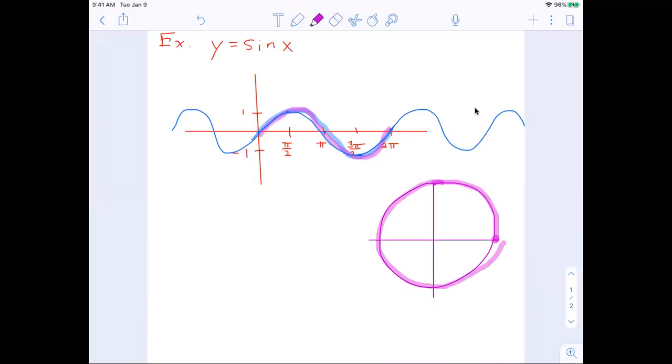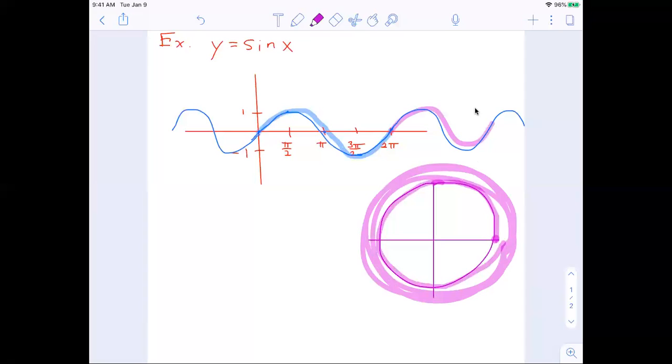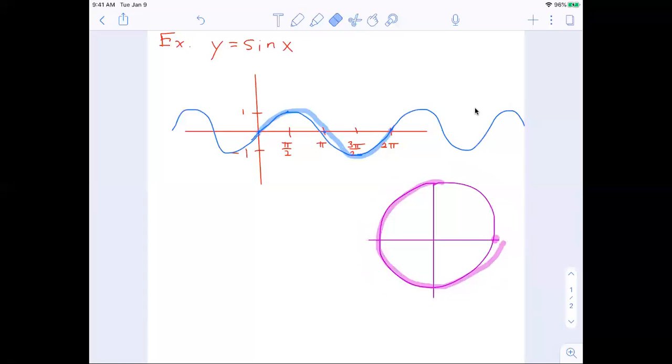So what we're doing is taking the unit circle and stretching it out in a linear way, from left to right. If you think of the unit circle, it just goes around again and again. And that's why this graph just goes again, and it's periodic. It just continues over and over and over again, okay?